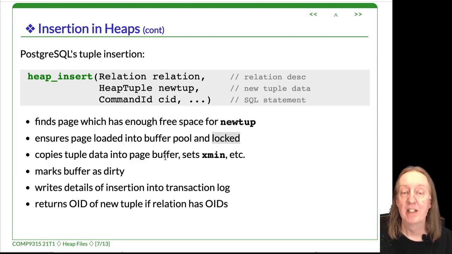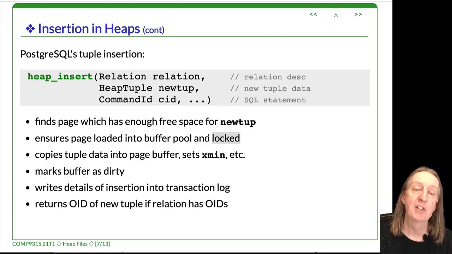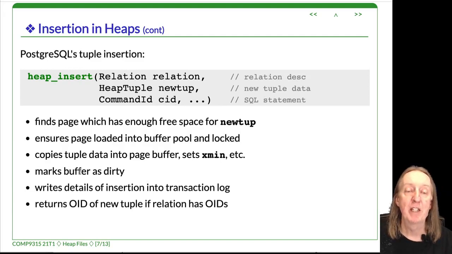Copy the tuple data into the buffer, and part of copying the tuple data in is to set xmin, which is the start time of the current transaction, the one that's actually doing the insert. This is required for the multi-version concurrency control. Having modified the buffer, we have to mark it as having been modified.